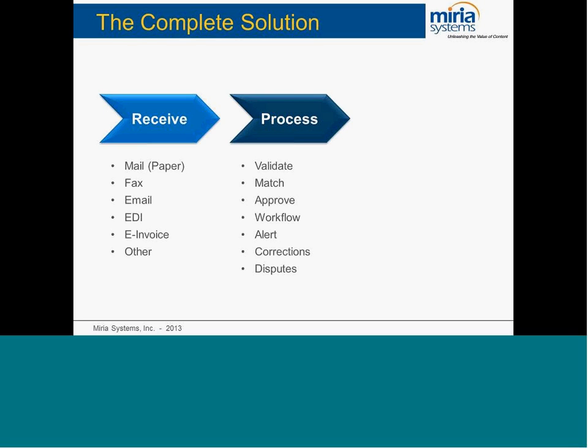Then to process it, you have to validate it's accurate. You have to match it possibly to a purchase order or to a requisition request. You have to make sure the right people approve it. You may send it through a workflow to make sure multi-level people approve it if it's a large invoice or a special invoice. You may need an alert if a vendor comes in that you're trying to watch or there's a problem because they habitually give you duplicate invoices. You may have to make corrections, and you have to handle disputes, of course.